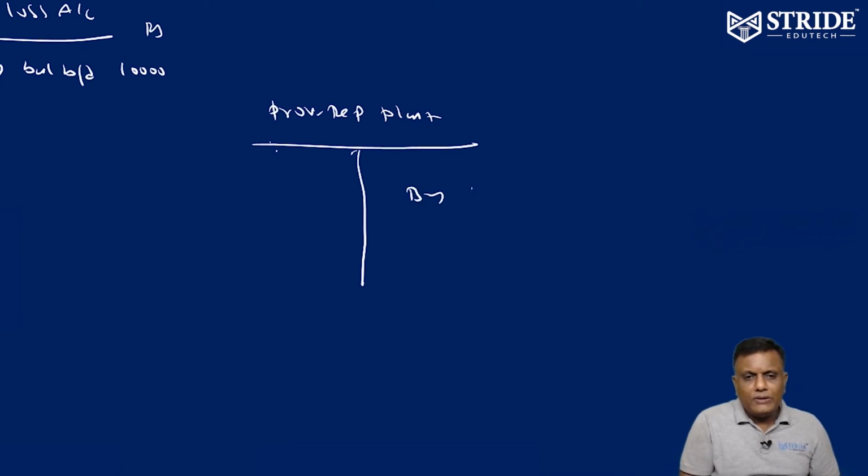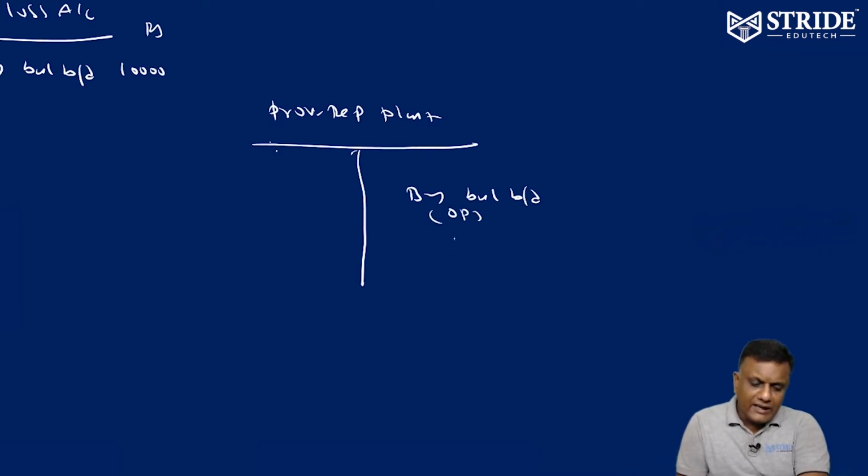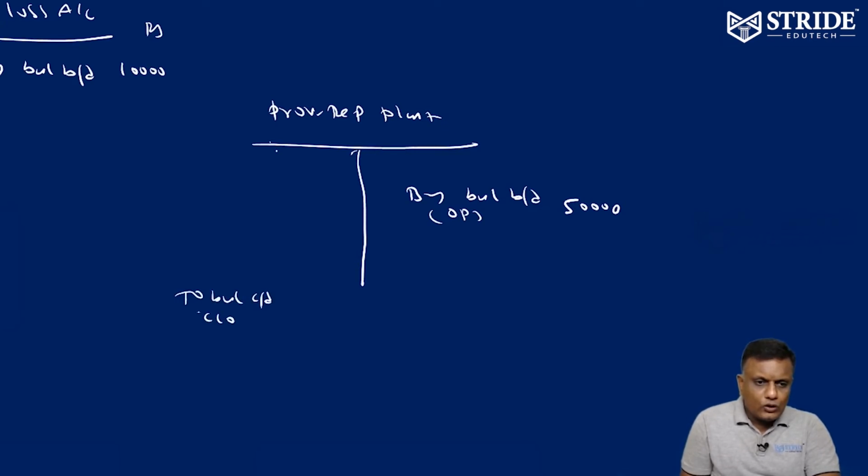Therefore opening is always by balance brought down, it is always liability. So provision for depreciation of plant opening 50,000. To balance carried on, that is closing, 56,000.